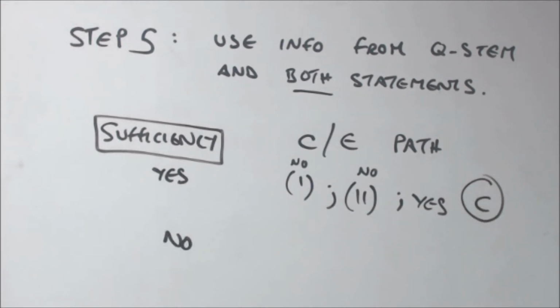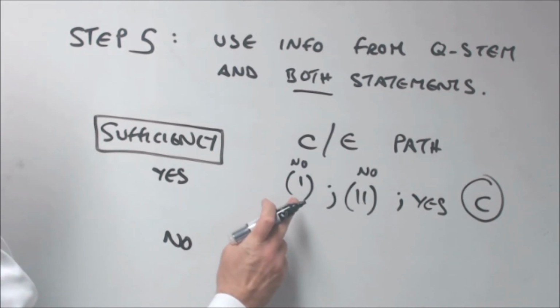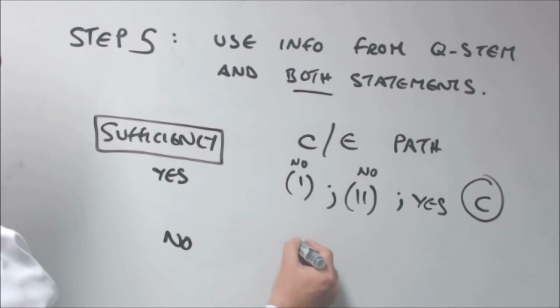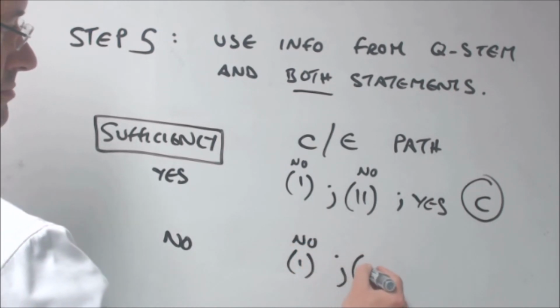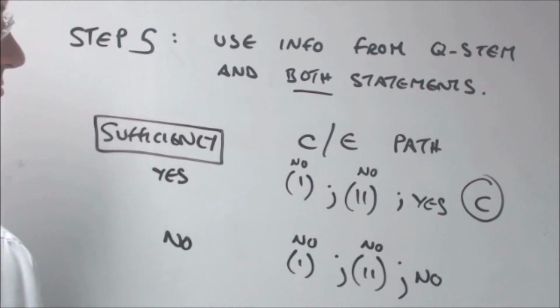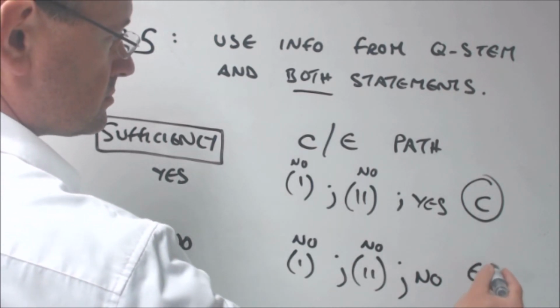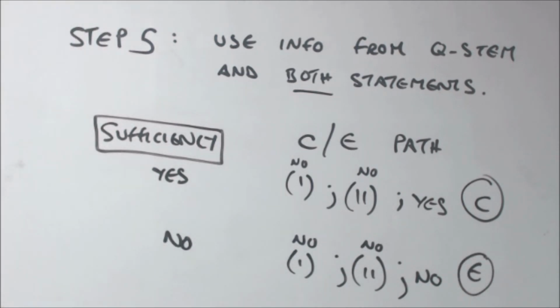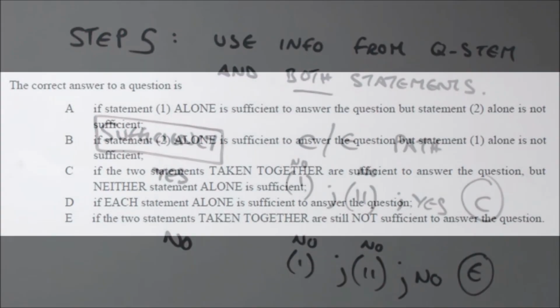The answer choice is C. Contrarily, if by putting everything together and analyzing all the possible details you still get a no, then the answer choice is E. So E comes up also fairly often. You cannot assume there is a certain ratio of one over the other. You have to follow these steps.